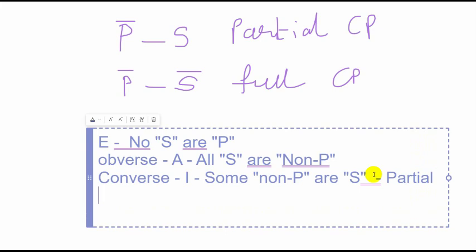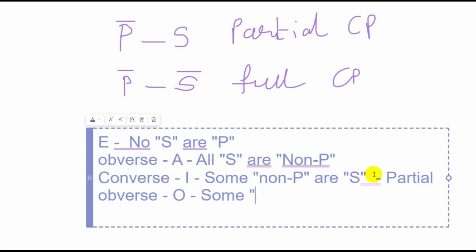Now to do the full contrapositive, we have to again do obverse. So the obverse of I is O, and O states some are not, and in the obverse we don't have to replace the subject and the predicate.